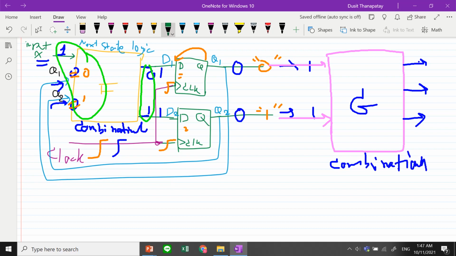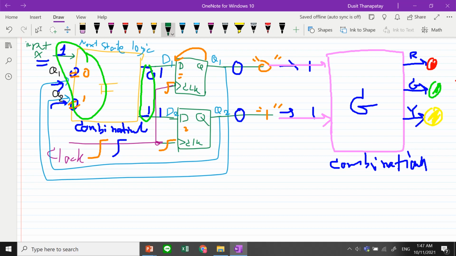That is where we get the output, based on the combinational value of its input. For example, the output may be red, green, and yellow, maybe connected to a red lamp or LED, and green and yellow.